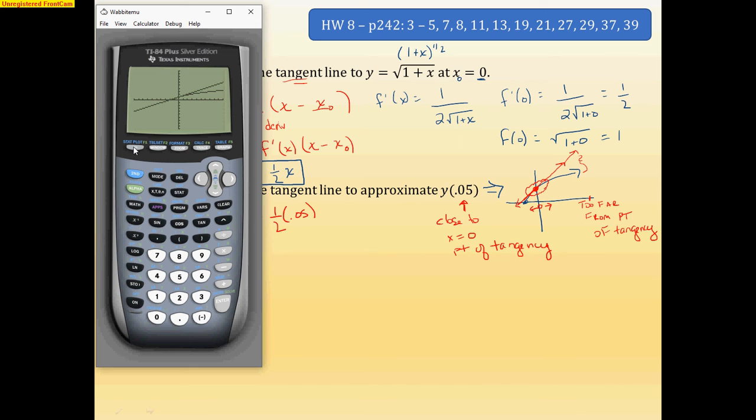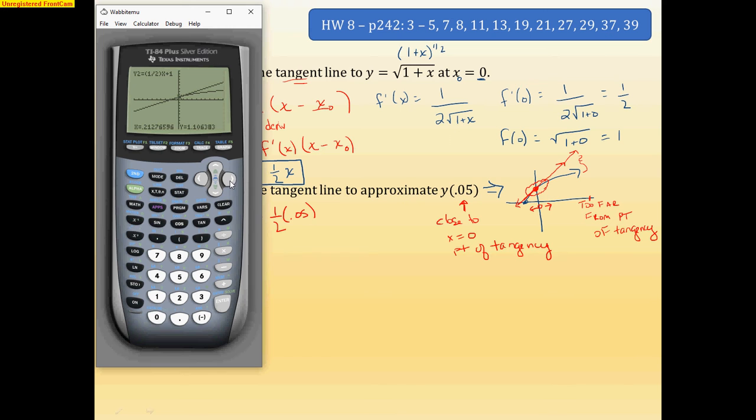I want you to notice that in y1 I put the square root of 1 plus x, and in y2 I put a half x plus 1, the equation of the tangent line. I've graphed both of them. If I hit trace 0, both functions are 1. Notice this is y1, and if I go up to y2, the tangent line at 0 is also 1.